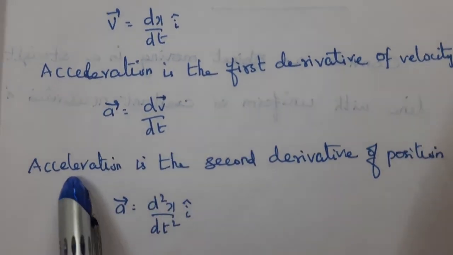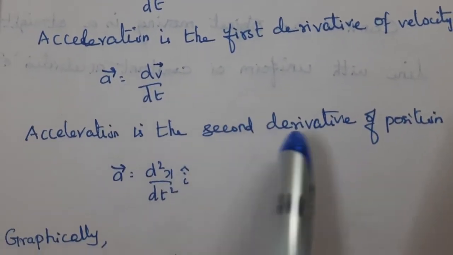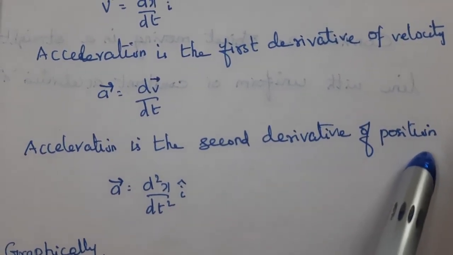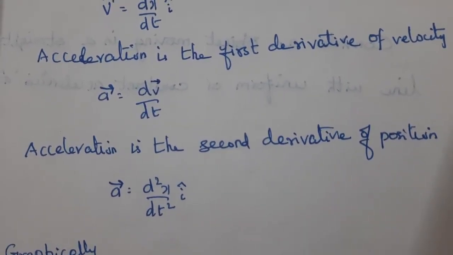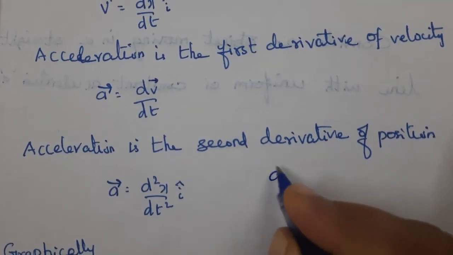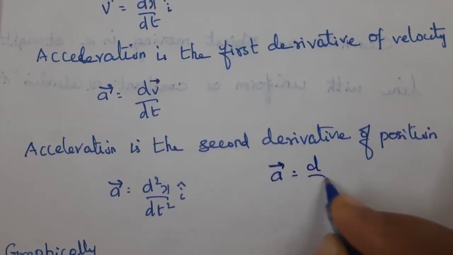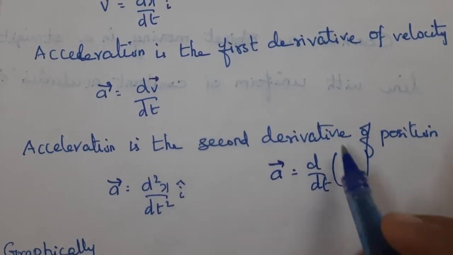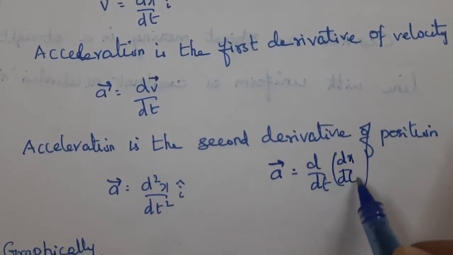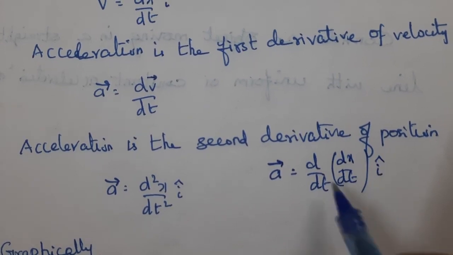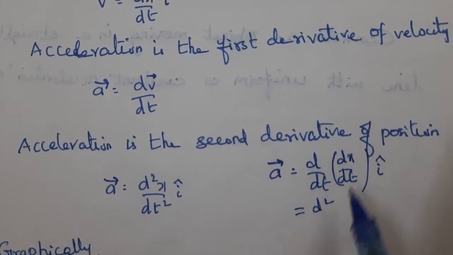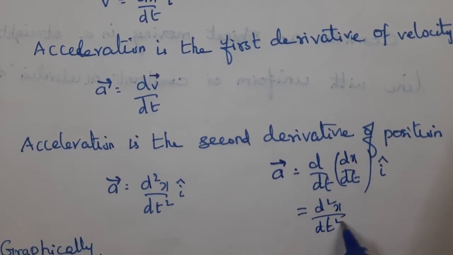Also, we can say acceleration is the second derivative of the position vector with respect to time. That is, a vector equals d by dt of v vector, where v is dx by dt. So we can write dx by dt into i cap, and this can be written as d square x by dt square.